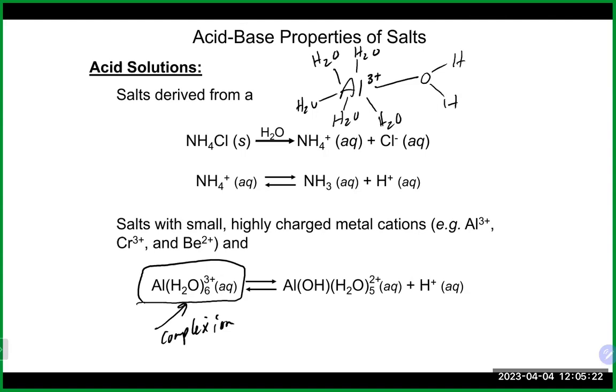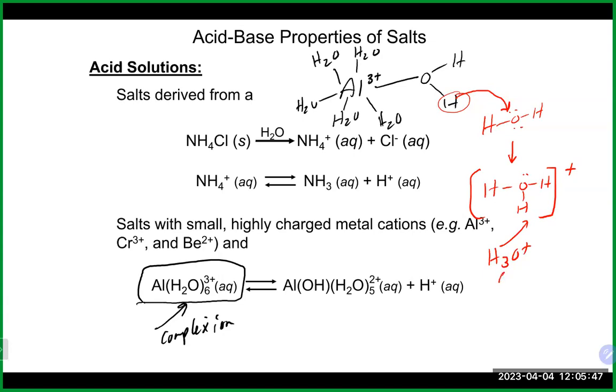And essentially what happens is another water, minding its own business maybe, will basically take a hydrogen off of one of the waters that's attached to the aluminum. The result of that is we will now make H3O plus here, which is the hydronium ion, which is why it is acidic in this case, right?